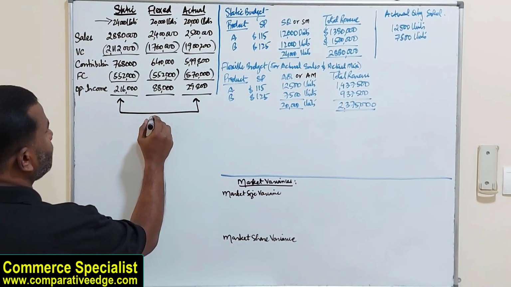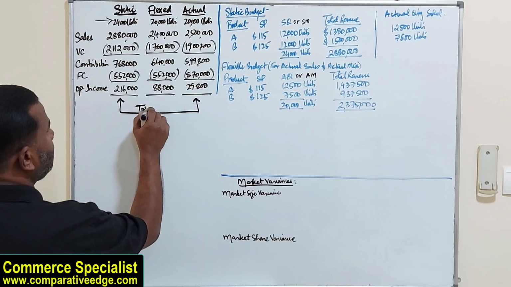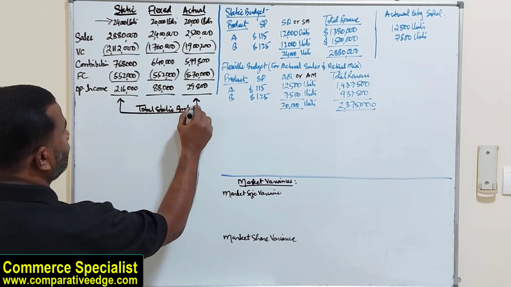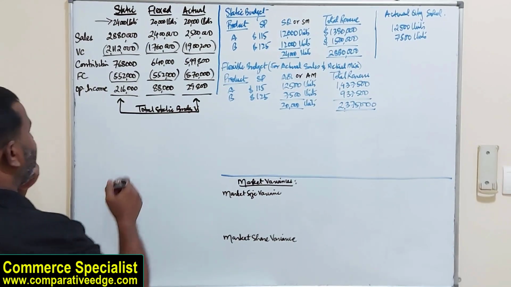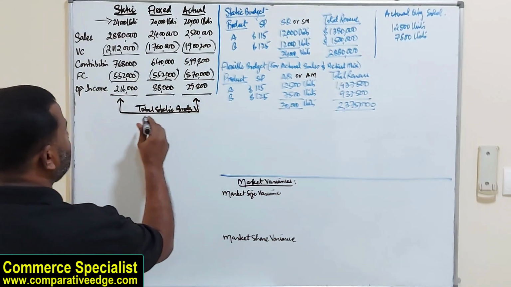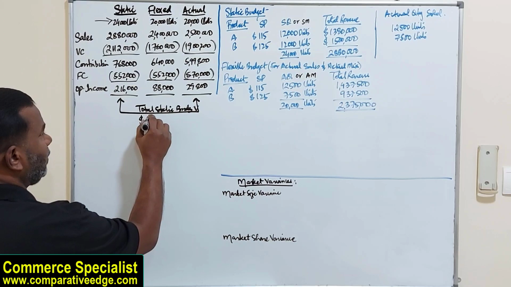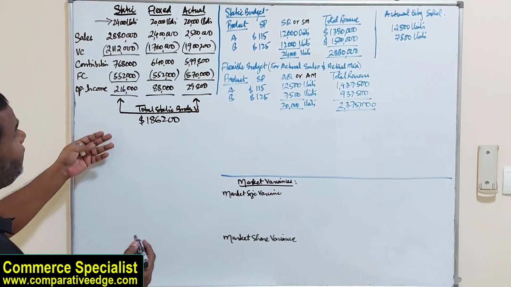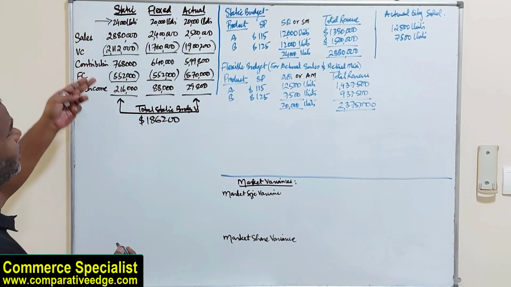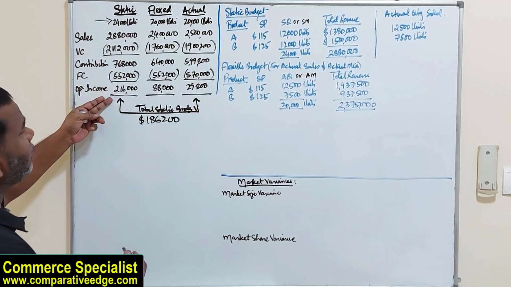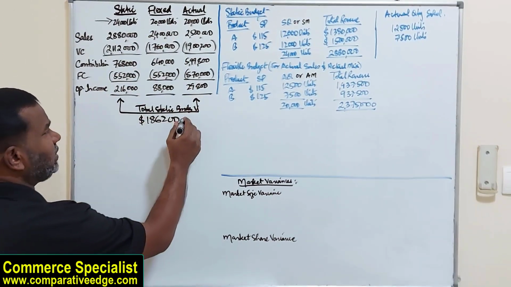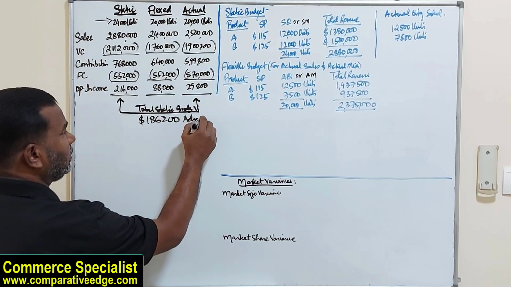If you find the difference between 216,000 and 29,800, you get 186,200. As per original budget, you were supposed to sell 24,000 units and you were expecting to make a profit of 216,000. In reality, you only sold 20,000 units and you're making this much profit. So obviously, this would be an adverse variance.